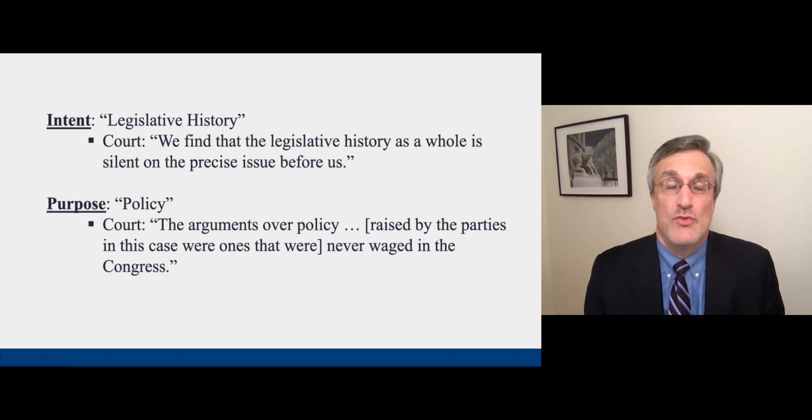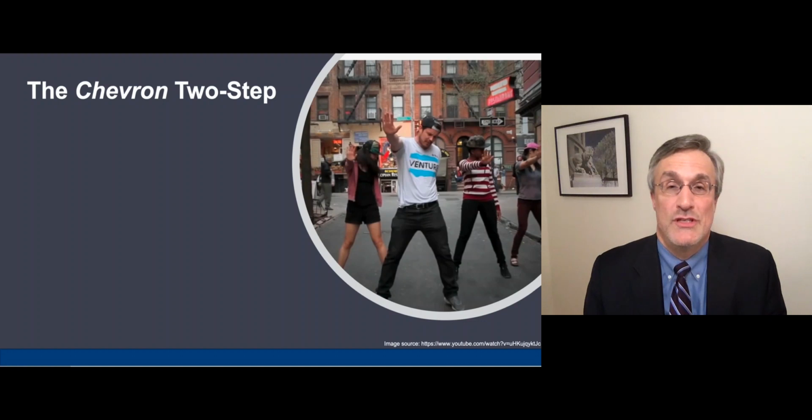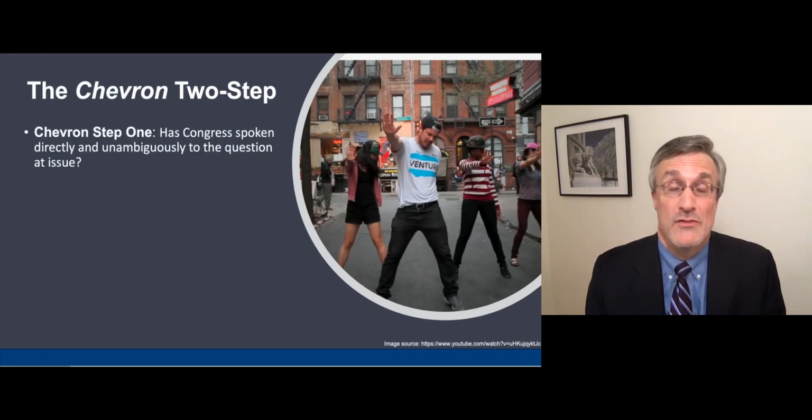Well, this is where the Supreme Court articulated its two-step framework. The first step, the Supreme Court said, for a judge to do when faced with a question about what a statute means in the administrative law context, where there's an agency involved, is to do what the Supreme Court had already done, which is to go through the traditional tools of statutory interpretation to see if the statute is clear.